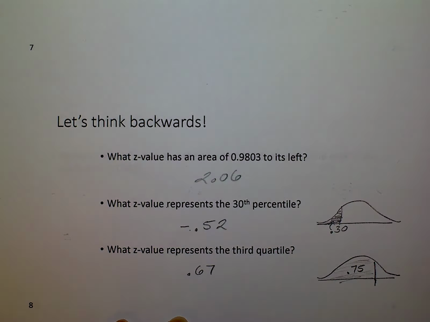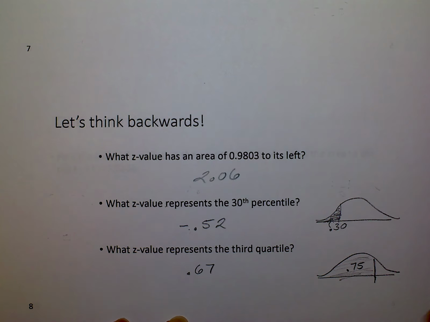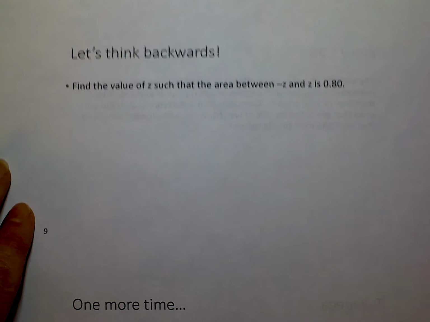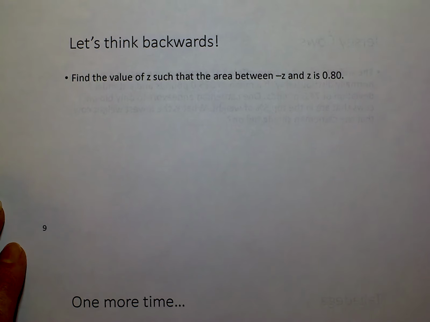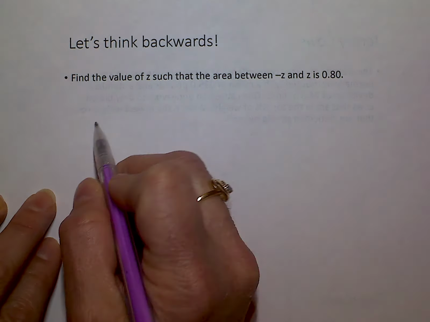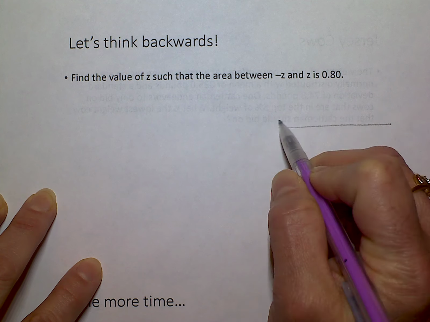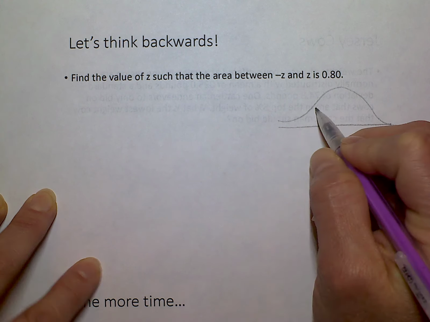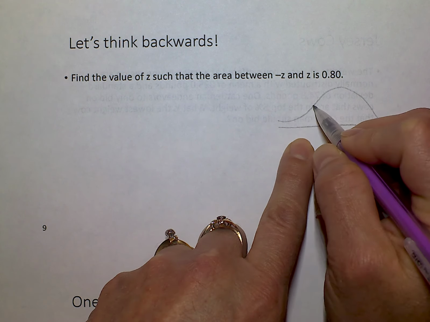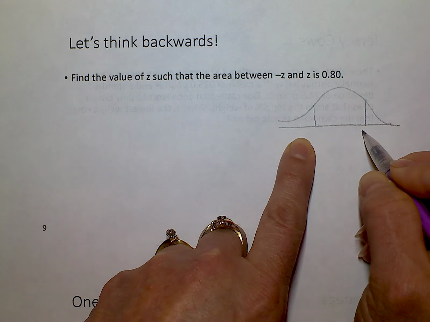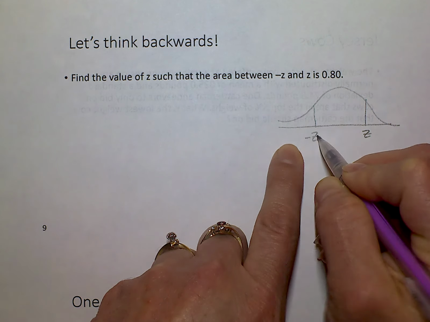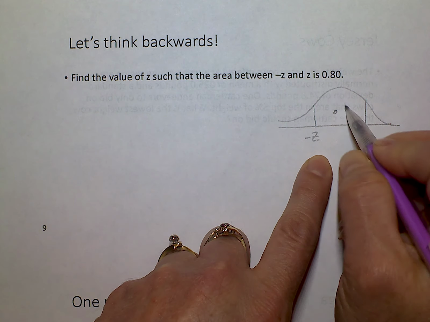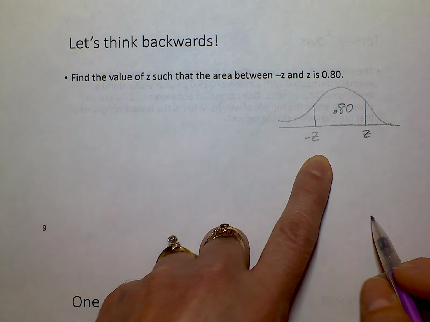Okay. So now that we can use the table in reverse, I've got some words to throw in with it. The area between the z value, so that the area between z and negative z is 0.80.